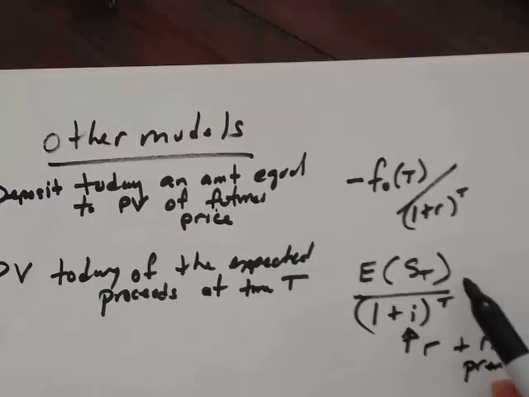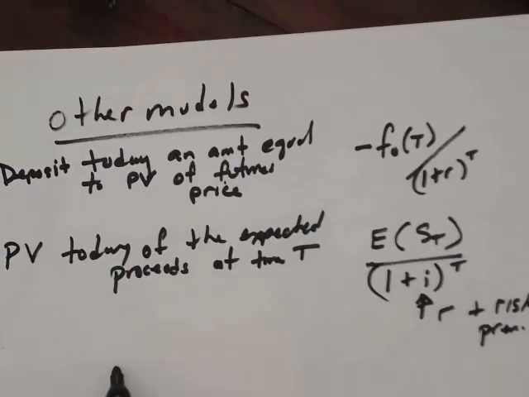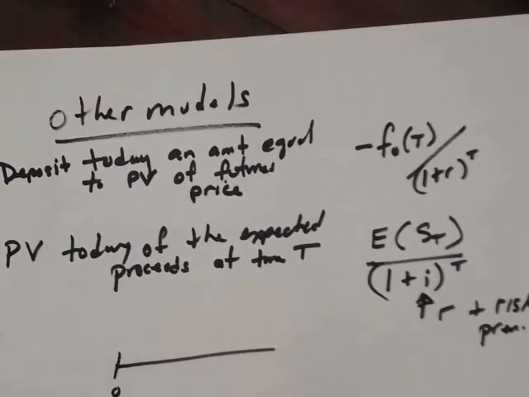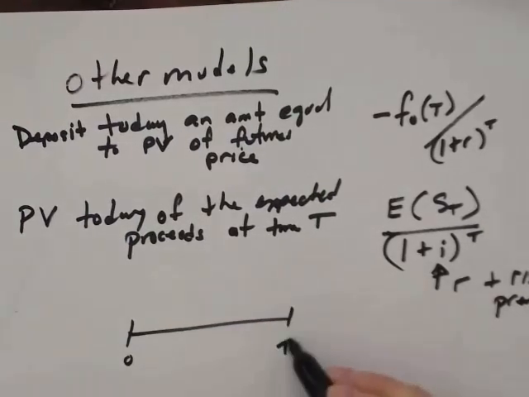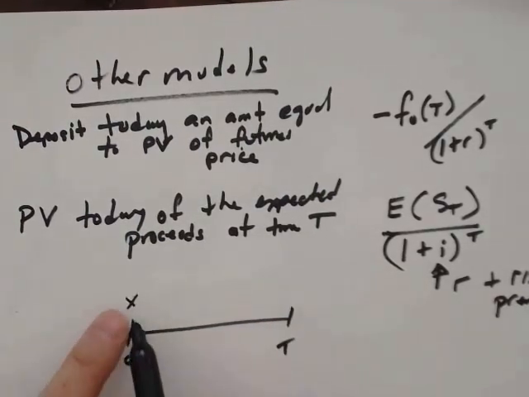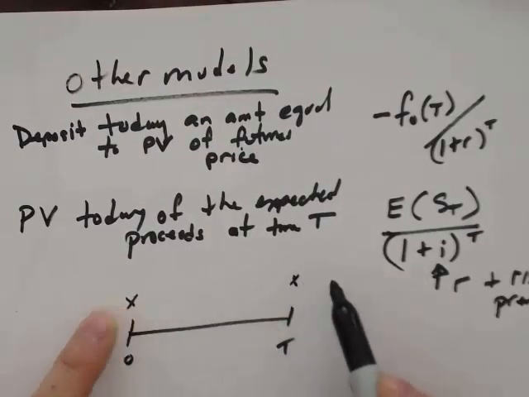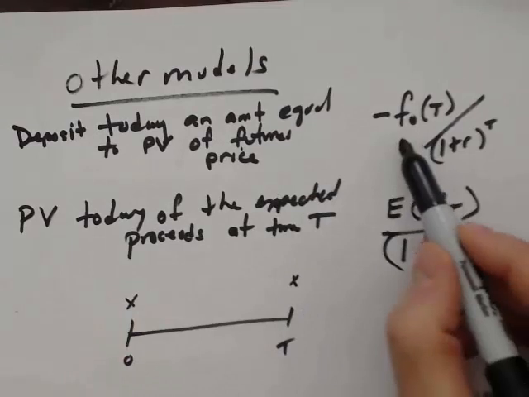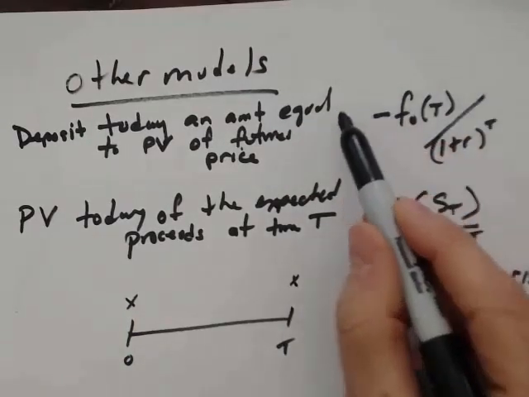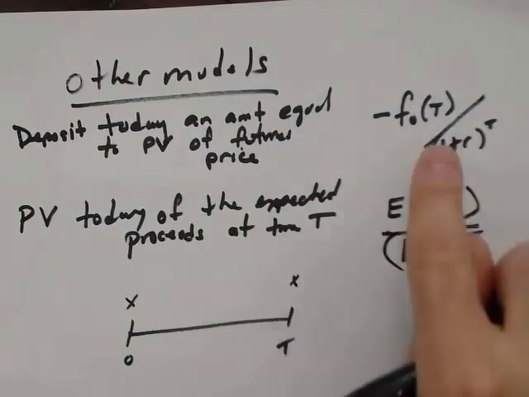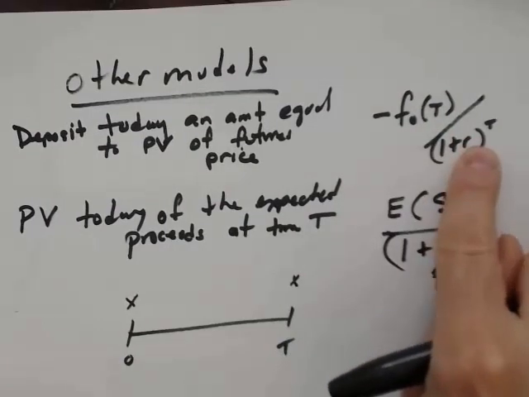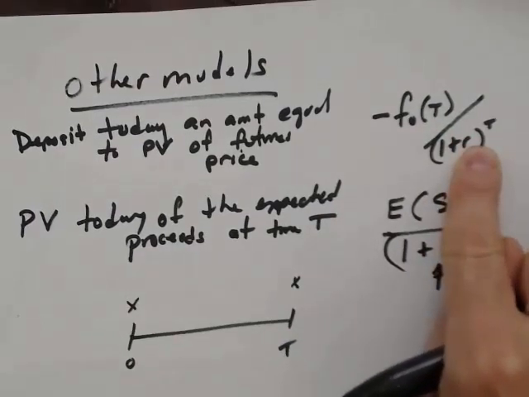But think of it this way. Here's your timeline. Here's time T. So you're entering into the futures contract here. The contract matures here. And you know for sure that you're going to have to pay this futures price here. So there's no uncertainty around it, which is why we're discounting it at the risk-free rate.